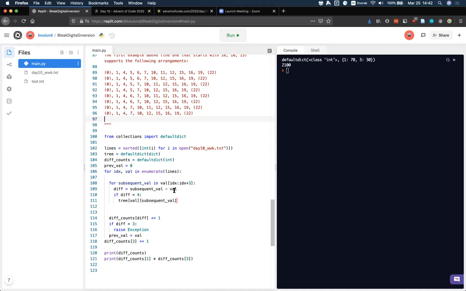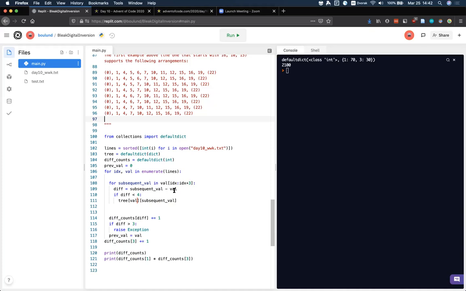I was thinking that the value associated with... All right, so if we assume we're starting at the beginning and the first value is 0, then tree of 0 should be... Oh no, so tree is for 0. So we'll have 3 values for that tree. And each one of those will point to a new dictionary.